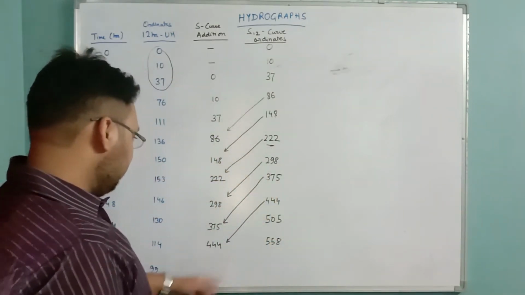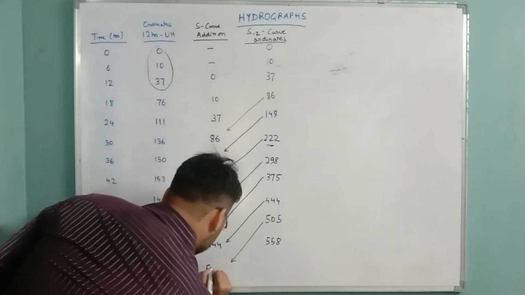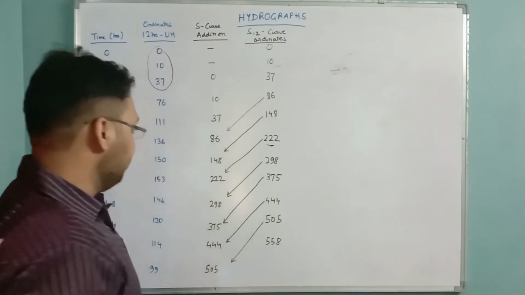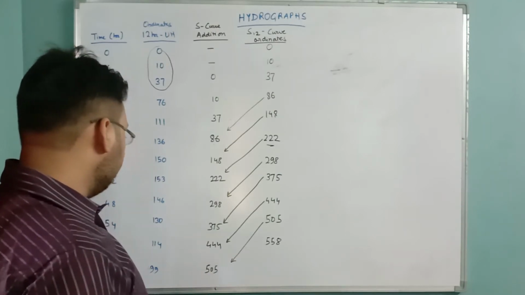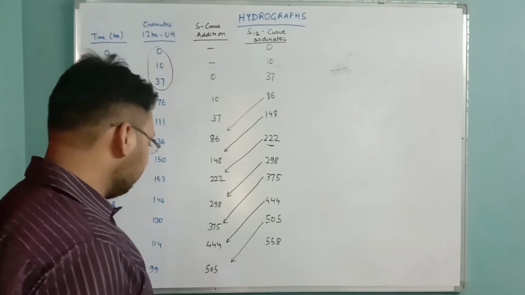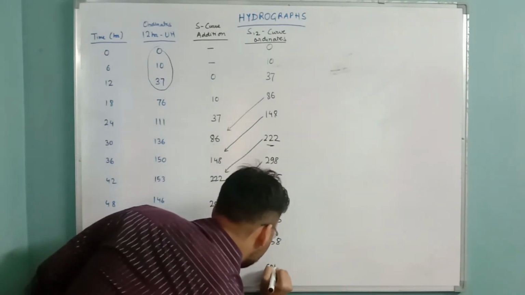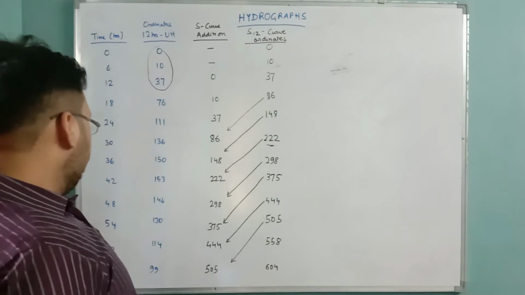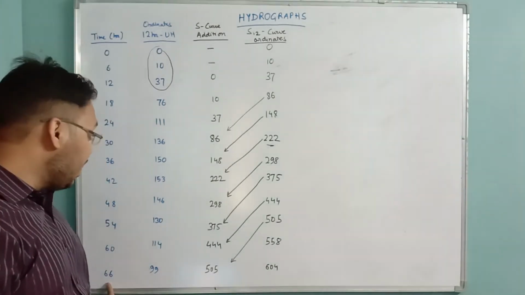And lastly, 505 is going to come over here, and 505 plus 99 is going to give us 604. Yes, 604.